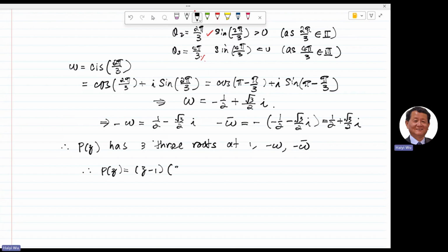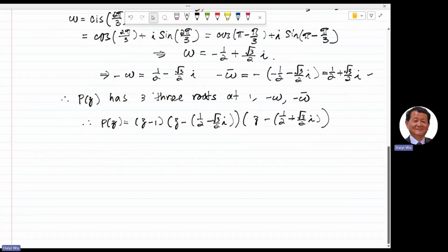The second bracket should be z minus the next one. The third one is z minus the next one, so it'll be z minus negative 1 plus square root 3 divided by 2 i.